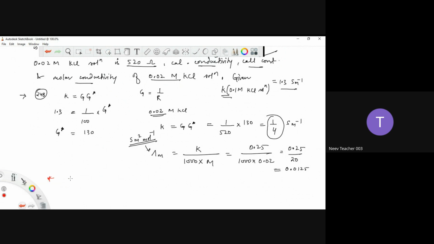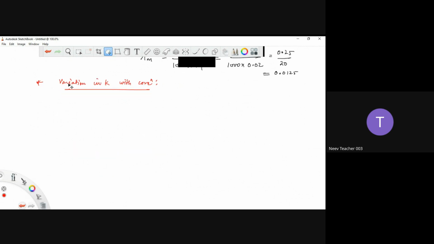So variation in kappa with concentration. I'll just give a few points about it. On dilution, if you increase the dilution, the concentration is going to decrease.